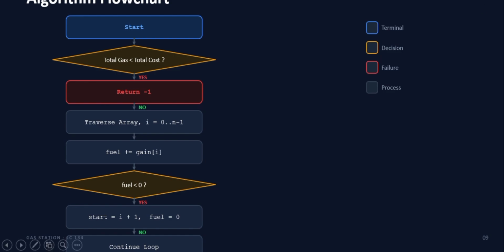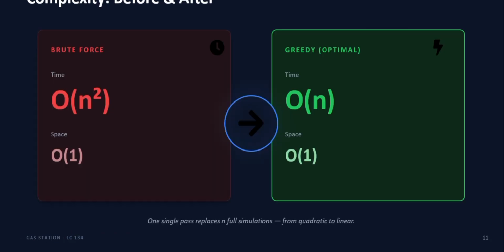So this is the problem that we need to focus on. I think the visualization process explains it, and it's easy. Let's see the time and space complexity. The brute force is O(n squared) because we are checking every possible station. That's not good because the time complexity is O(n squared), but the space complexity is O(1) because we didn't use extra space.